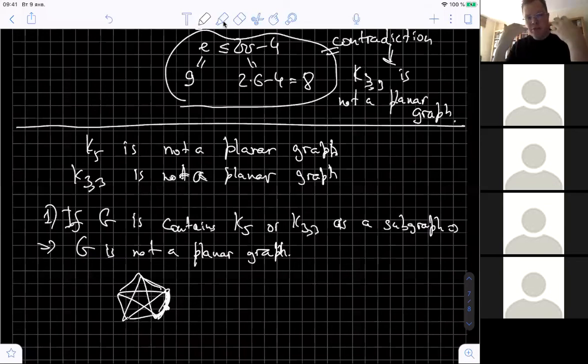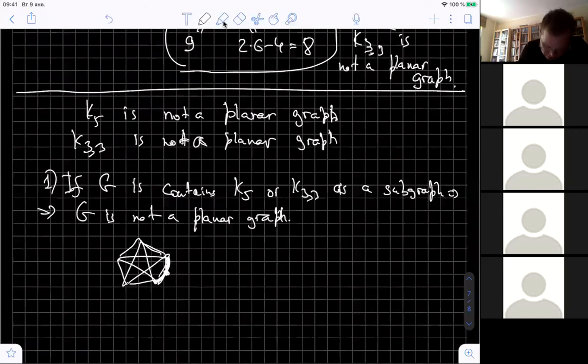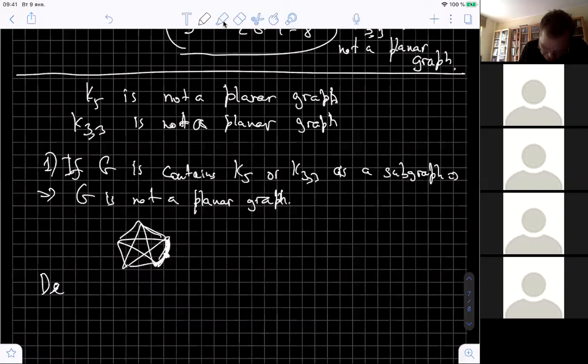So we can look at this as a so-called homeomorphic change of the graph, and we can give the definition. Do you know what a homeomorphic graph means?